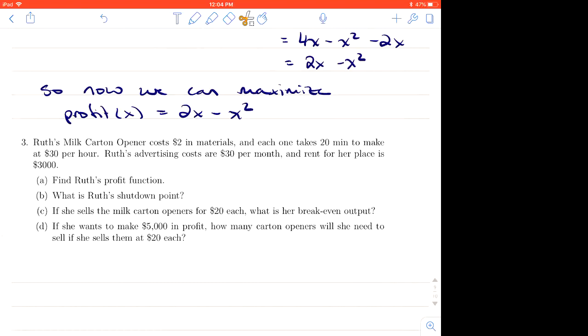Because we have this, okay, so first of all, she's making milk carton openers. But anyways, so Ruth is making these milk carton openers, and we're given a bunch of information about her business, right? And so the first thing that we have to do is find Ruth's profit function. Right? And that's going to be hard to do because it's hard to figure out what we're given, right?